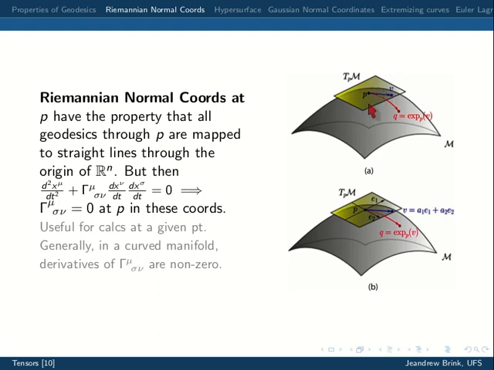As long as the result is a scalar, not a tensor, you can get an answer and then transform it to any other coordinate system. In some cases it makes calculations really, really easy.